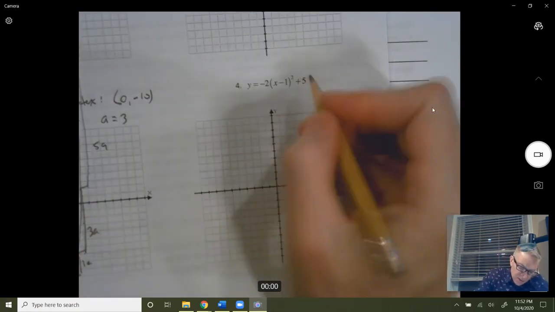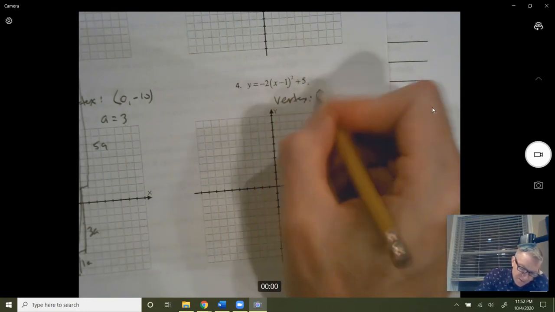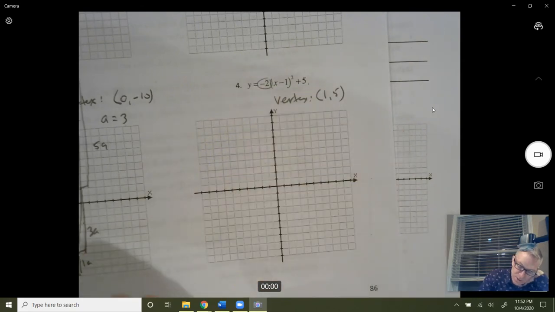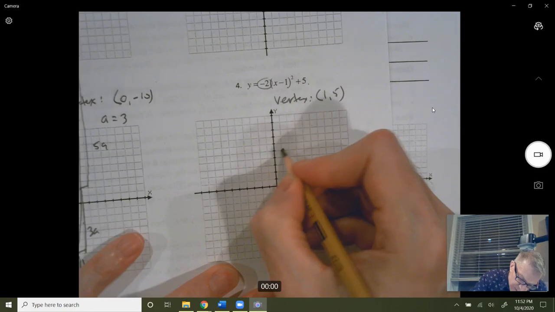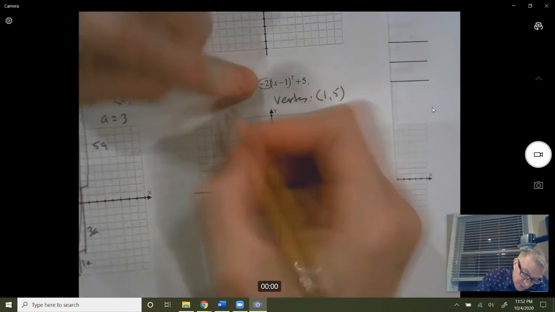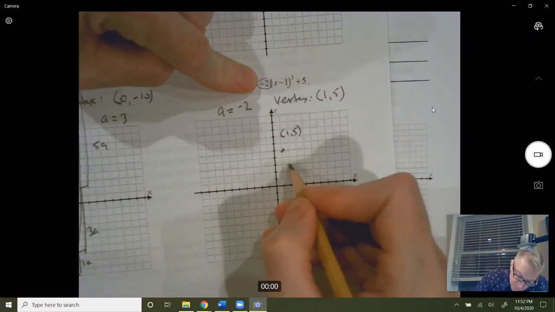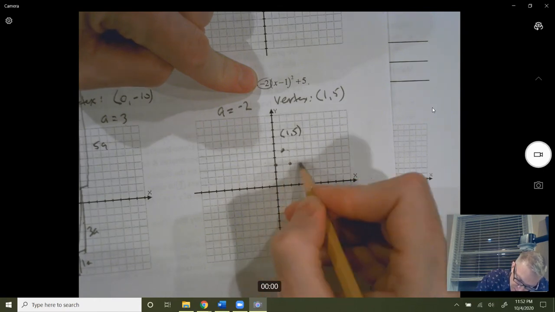Now that we're in vertex form, our vertex is 1, comma 5. Now this one opens down, so the 1A, 3A, 5A still works. 1, comma 5 is right here. Now A is negative 2, so 1A would be down 2. From that point, 3A would be down 6.